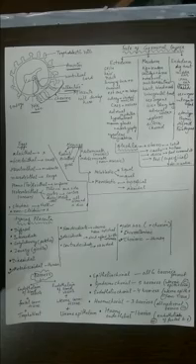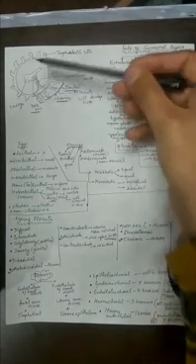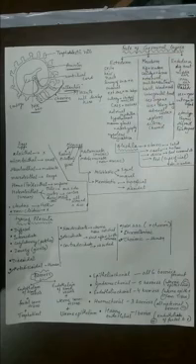Then amnion acts like a shock absorber also, because there is a liquid inside this cavity. So liquid acts like a shock absorber, regulates the pressure, regulates the temperature. It also helps the embryo not to undergo desiccation. In the last class I told you desiccation means to dry out. Then it also helps in the growth and the movement of fetus. So all these are the functions of the amnion.